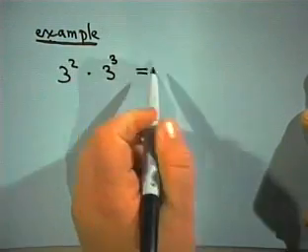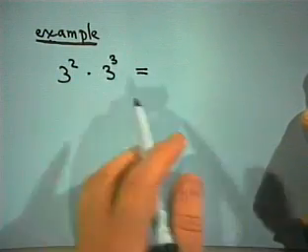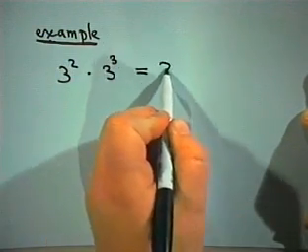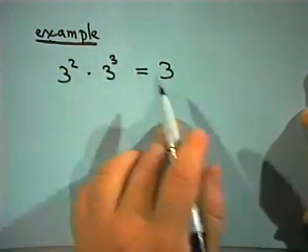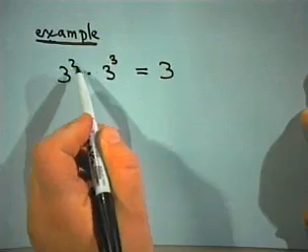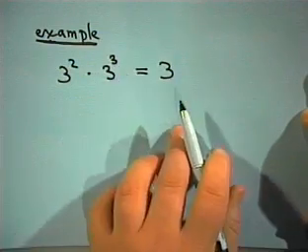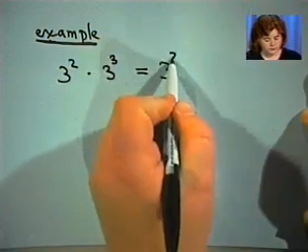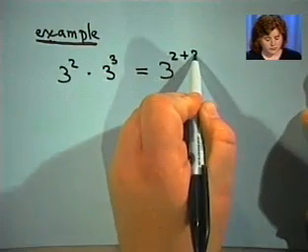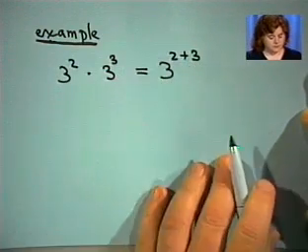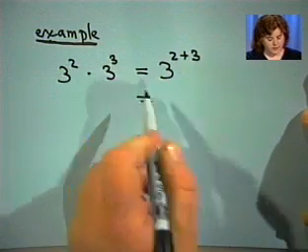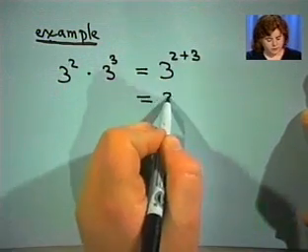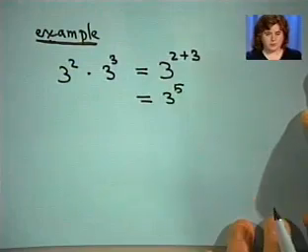So our answer, writing it again in an exponential form, is going to have 3 for a base. The power on our example will be the sum of the 2 powers we started with. So we'll take the 2 and add it to 3 using our product rule. And we'll be left with 3 to the 5th power.